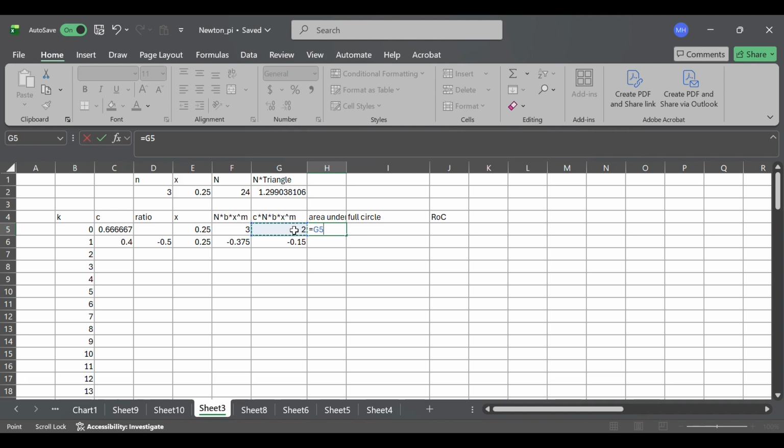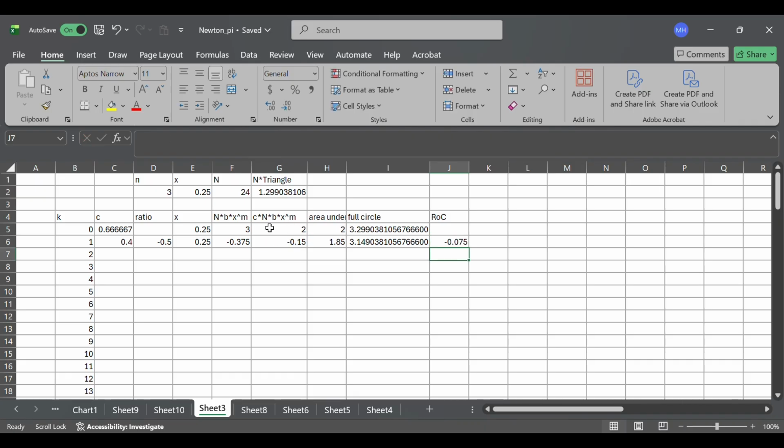The area under the curve is the sum of these terms. And the full circle is the area under the curve plus the triangle term. And it should equal very close to pi.